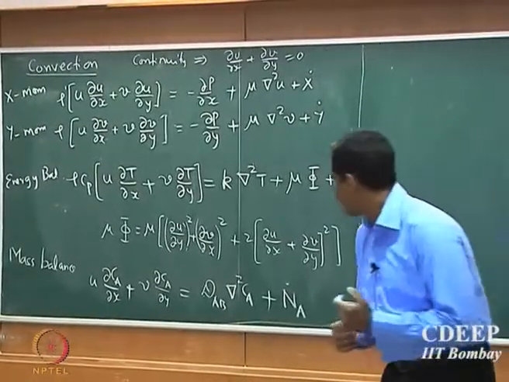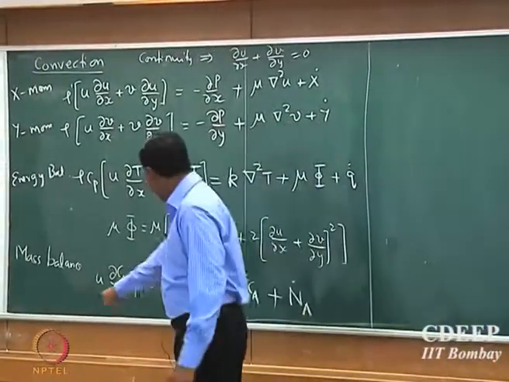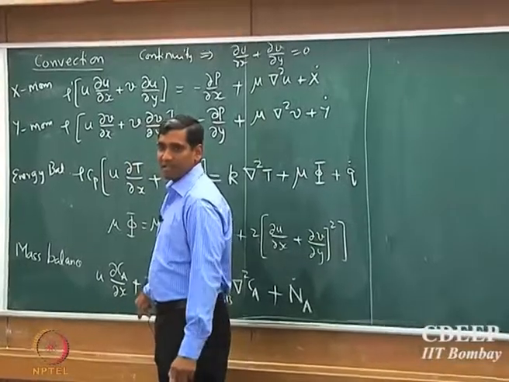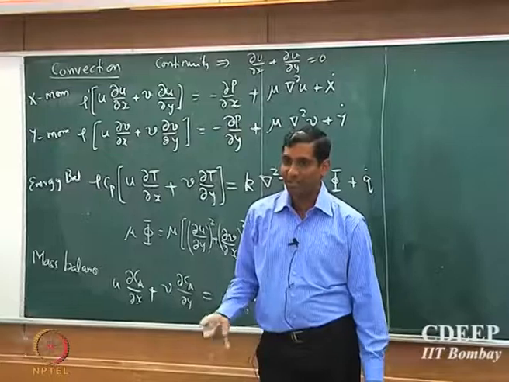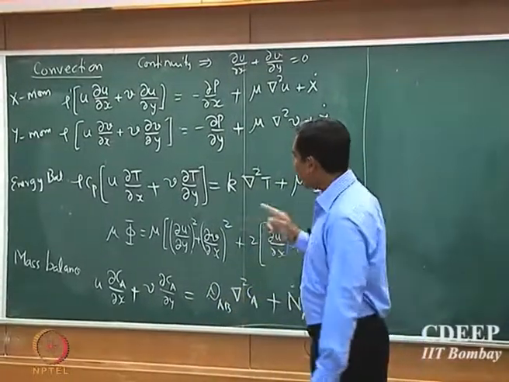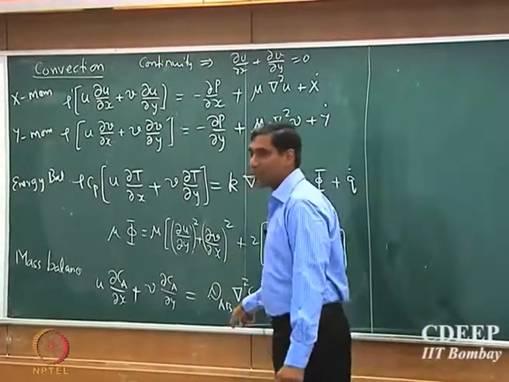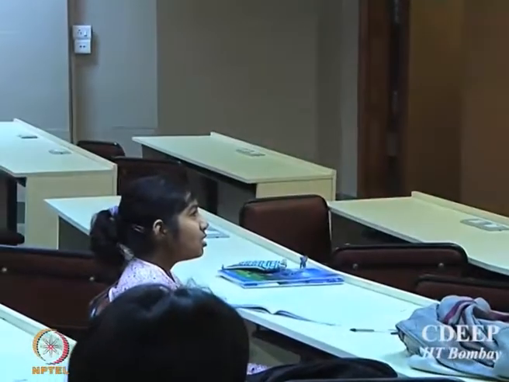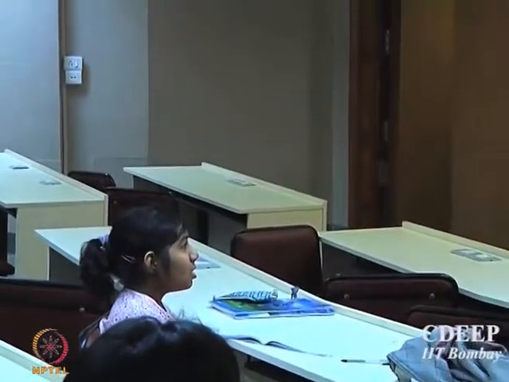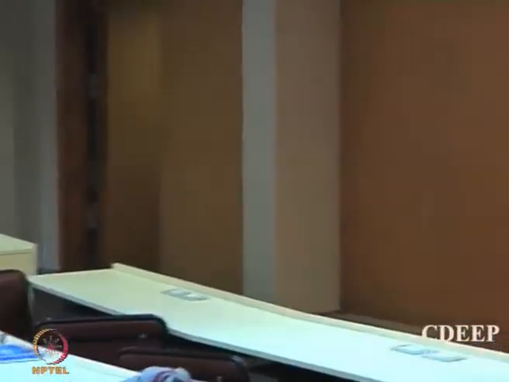What else? So note that u and v are so all these equations have to be solved simultaneously, right? Okay. The only difference is that in principle yes it does, except that we have not written the constitutive equation.